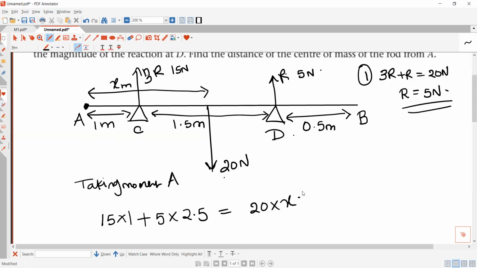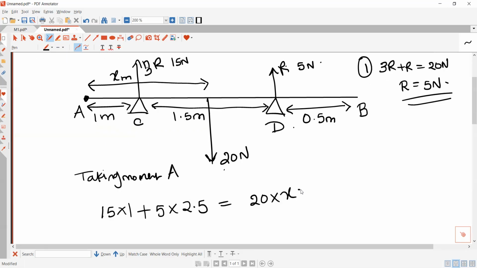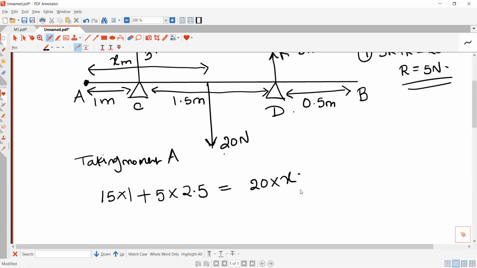Everyone understood? Now you can find the x value. Do this in the calculator, bracket, the whole thing divided by 20. 1.375.